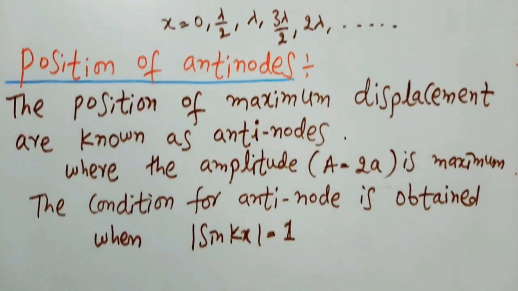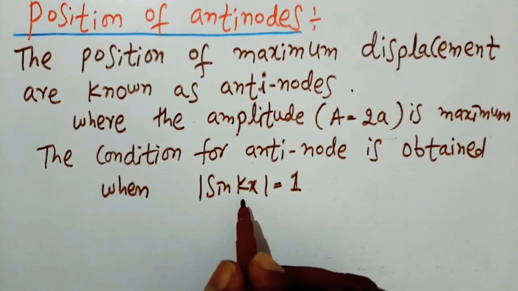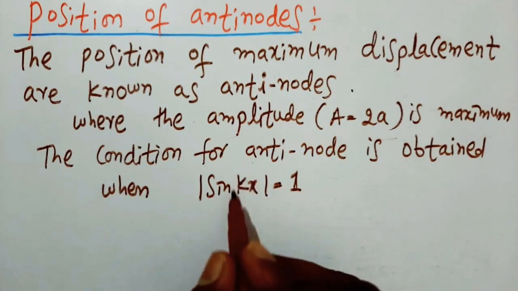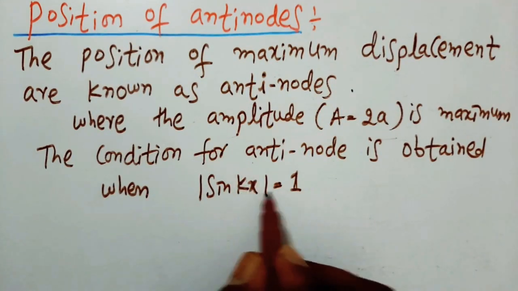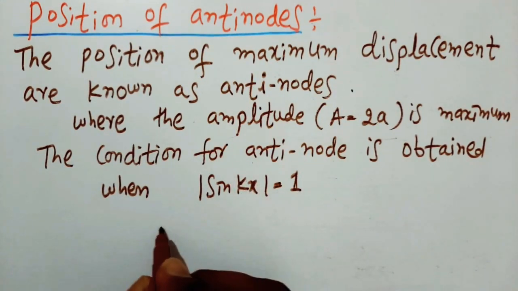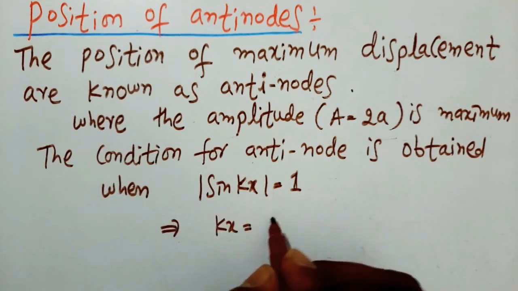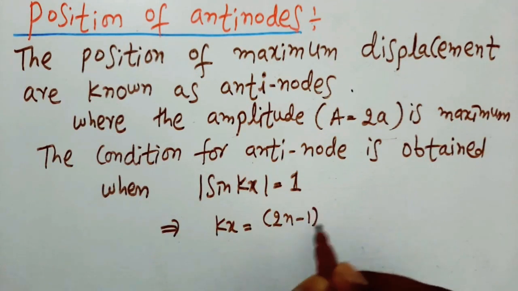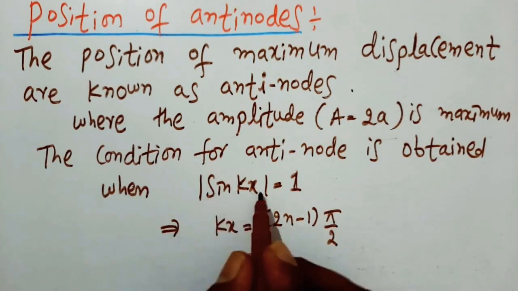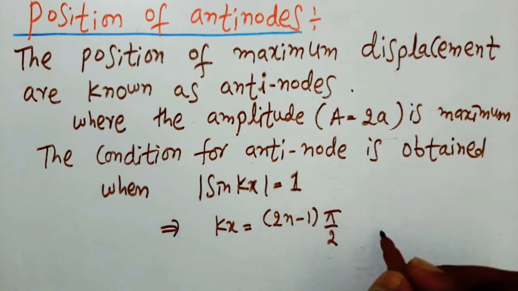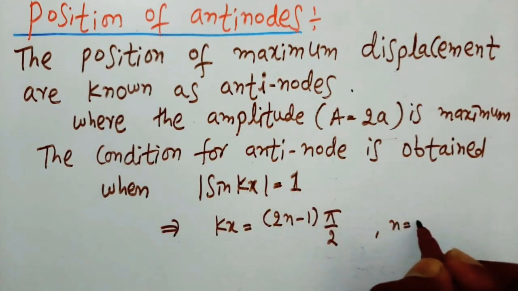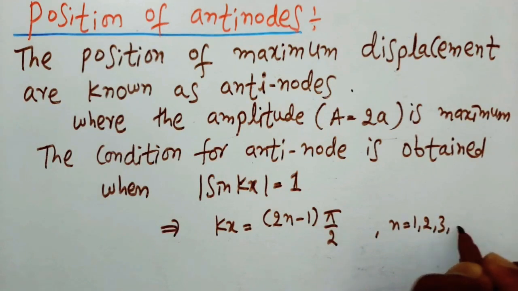So for which kx values does sin kx become 1? That is, for kx equal to (2n minus 1) pi by 2, sin kx becomes 1, where n is equal to 1, 2, 3, and so on.